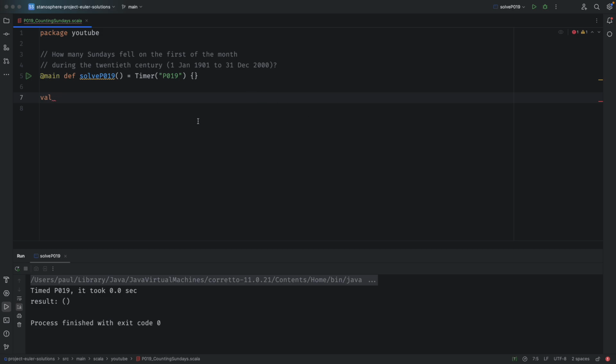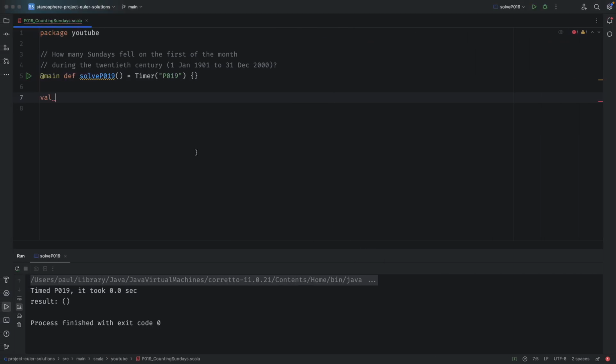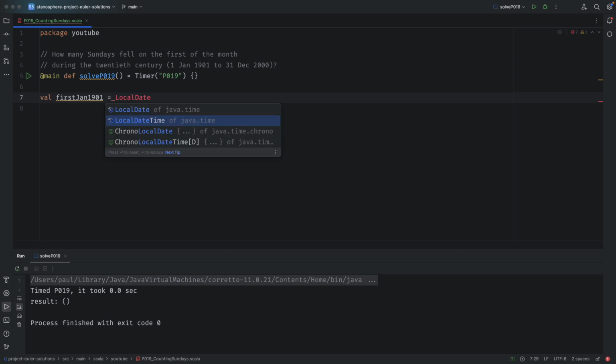So let's see. Okay, 1st of January 1901. So that's where we're going to start. 1st of Jan 1901, if I can spell. And then we'll just use local date time, which I hope IntelliJ will know to import.